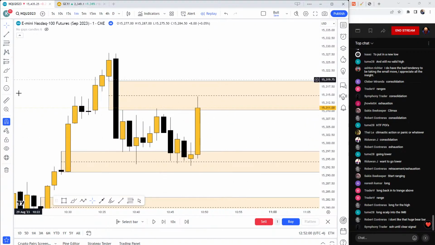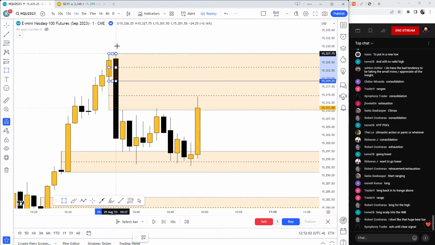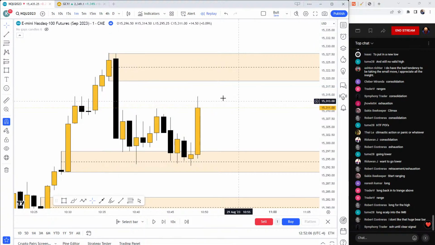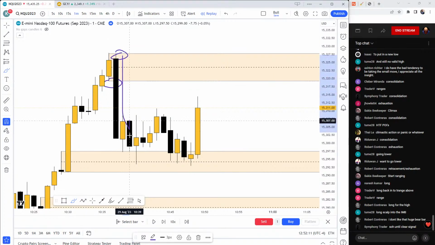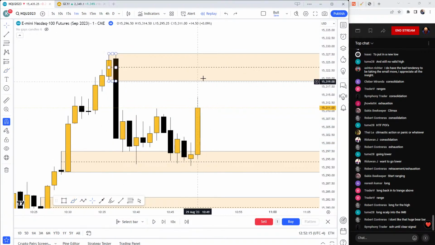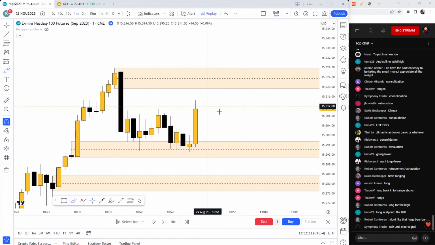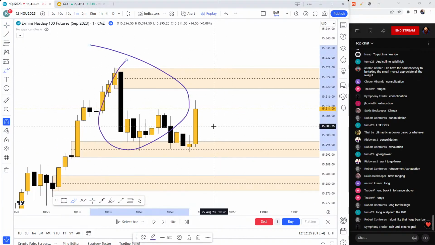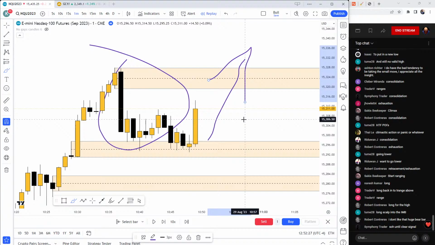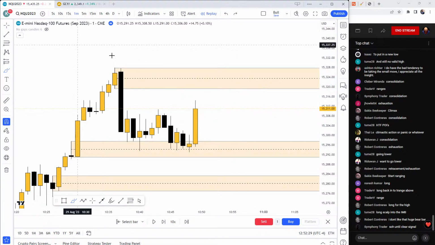Right? Now, we've got a speed bump here. Let's get rid of this. Right? This was the low that put in the high that delivered us a sharp move down. Possible that we trade back into it. If we get a reaction from it, we want to be out of longs. If we don't get a reaction from it, then this is just a large block and we just go on a rocket show.